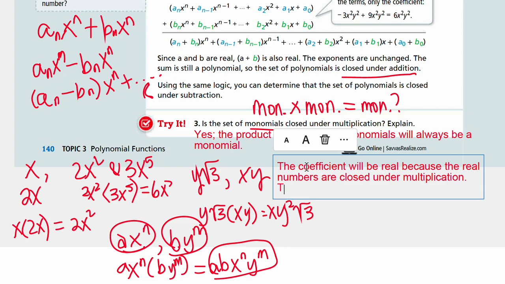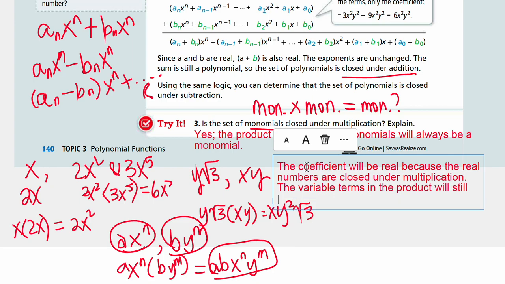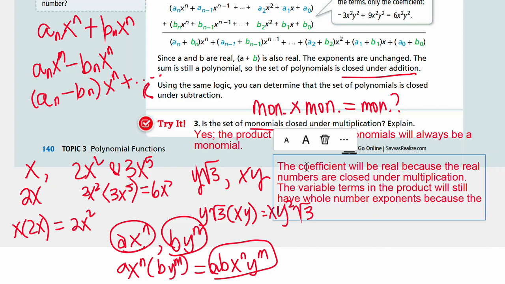Okay, and the variable terms in the product will still have whole number exponents because the whole numbers are closed under addition.